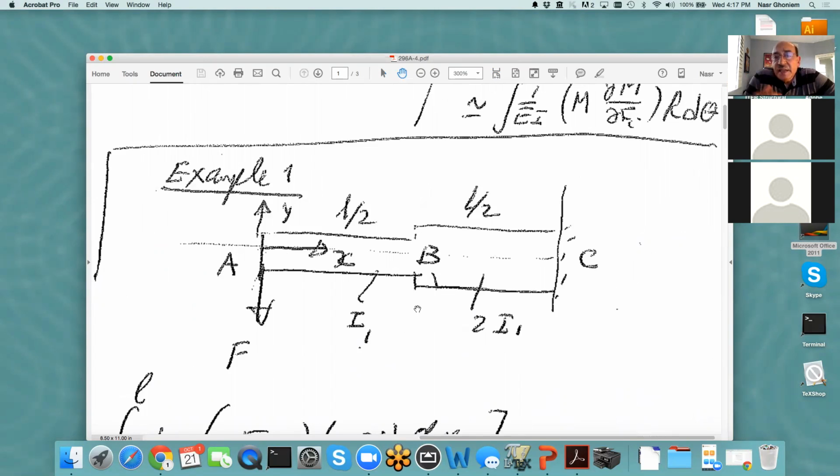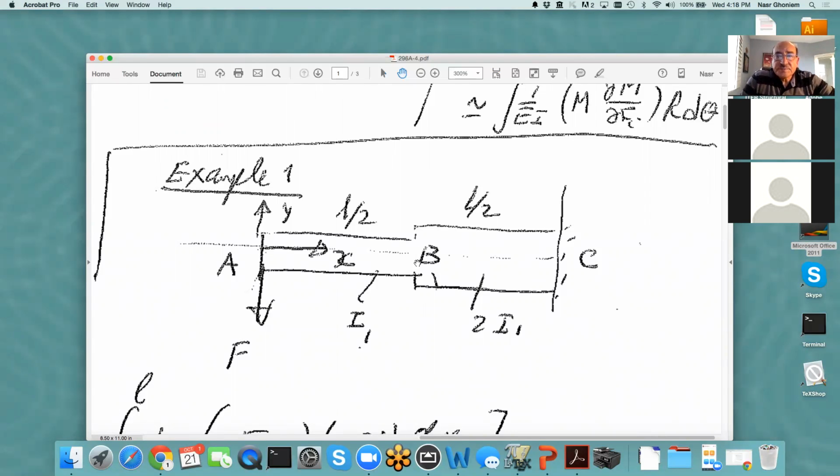And then I find the moments, and the moment in this section and in this section, in AB and BC, the moment will have to be in terms of the force system. And the force system, in this case, I have two forces. One is F in here, and one is Q. So I must consider both of them.